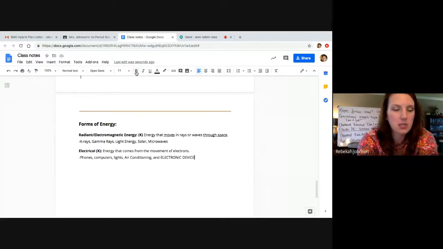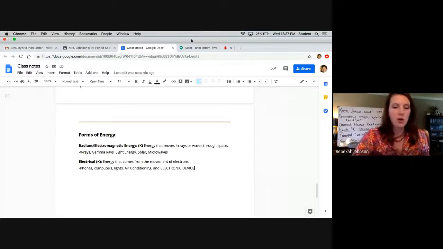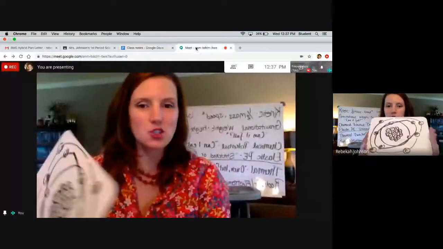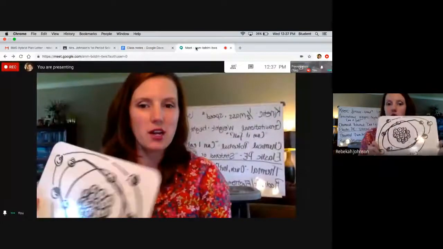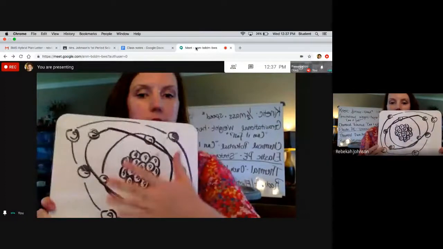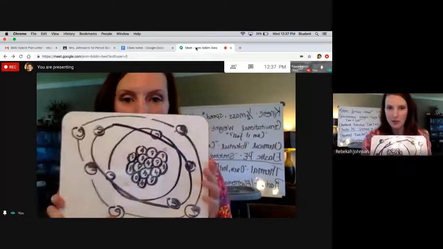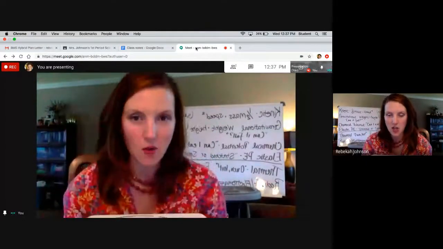Electrical energy also extends. We find it in nature. We find it in talking about lightning. So, what is an electron? If we look at the structure of an atom, and this is a very poorly drawn atom, I'm just using it as an example. They're the negatively charged particles of atoms that hover around the outside in what we call valence shells.